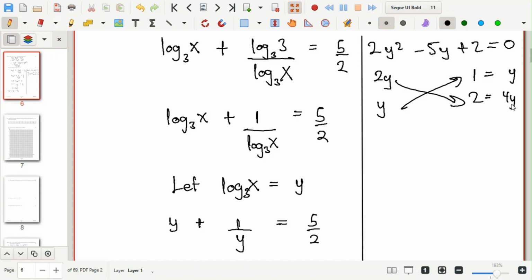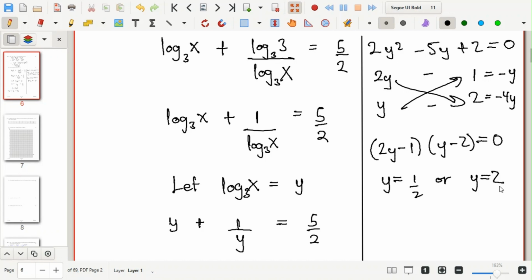What can I do to these two terms to get the middle term here? When I subtract, minus minus, I should get negative 5y. So my two linear factors are these. So when I solve for y, I'll get y to be half, or I'll get y to be 2.